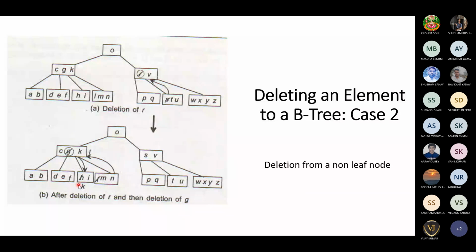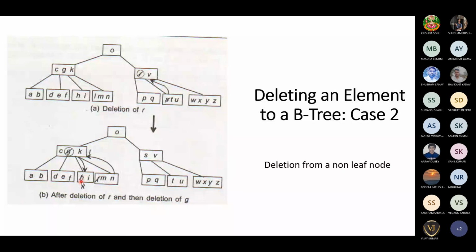In order to bring the order here, when you are deleting G, this node will be replaced in 3 steps. The right pointer value will be replaced with the leftmost node.